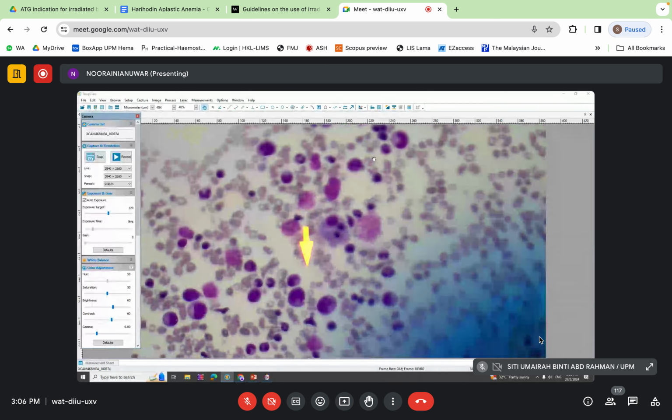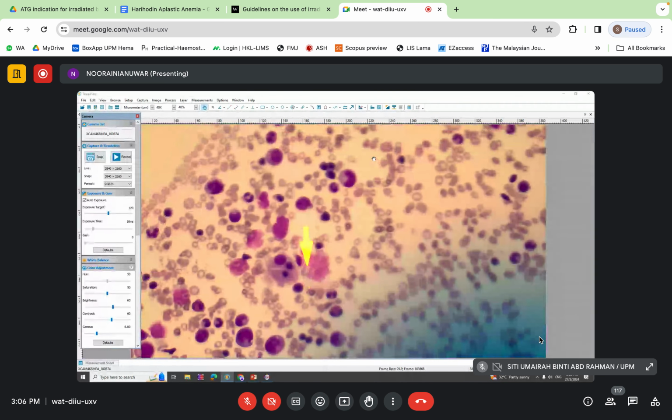So this one you can see. Oh, this one is a megakaryocyte? No, it's not. This is actually a histiocyte engulfing the nucleated RBC, and I think this one is some of the dying cells.